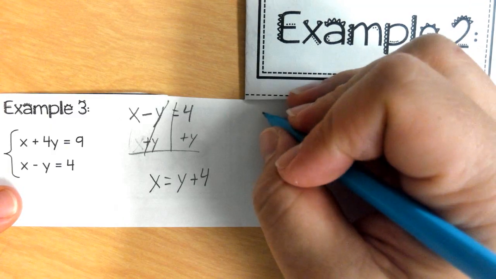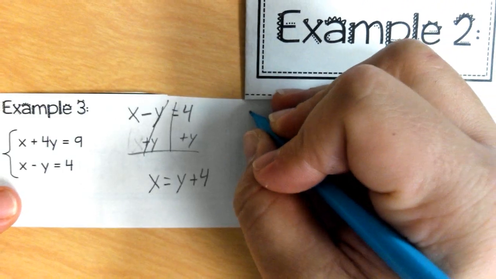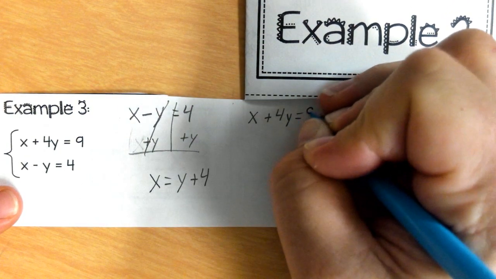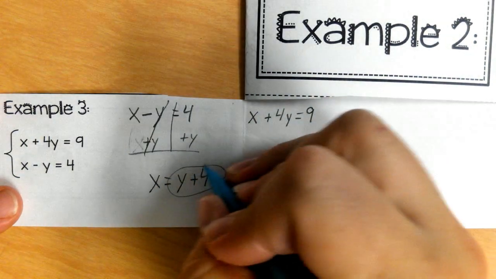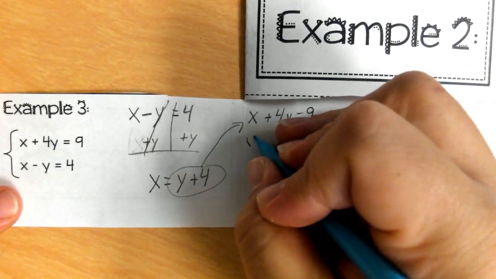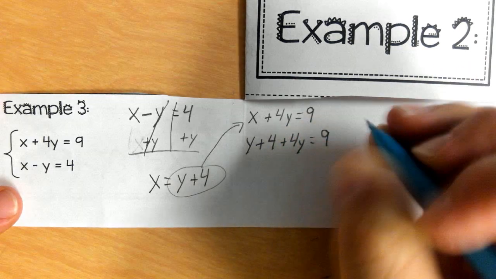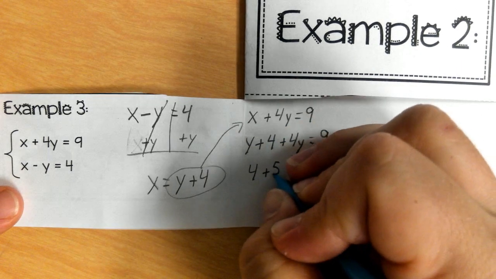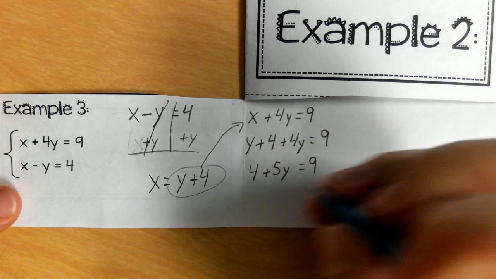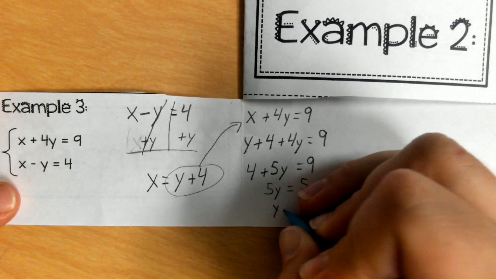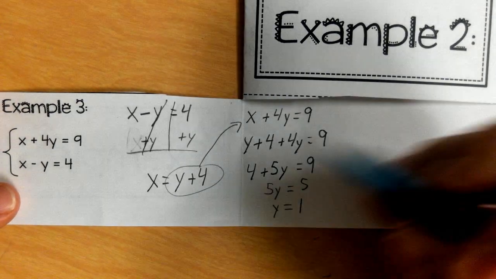Now I'm going to take my other equation, which is x plus 4y equals 9, and I'm going to sub this in. So I'm going to say y plus 4 plus 4y equals 9. 4 plus 5y equals 9. 5y equals 5. y equals 1.